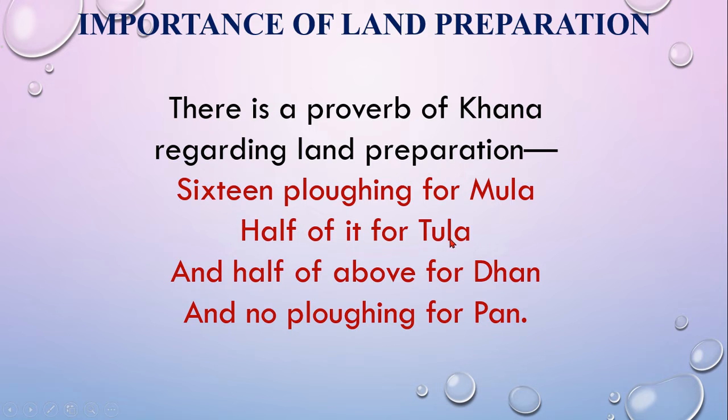You need 16, for cotton you need 8, for rice cultivation you need 4, and for betel leaf no plowing operation is needed. This is the proverb in your textbook on page number 9, and it is very, very important for your creative questions as well as MCQ questions.